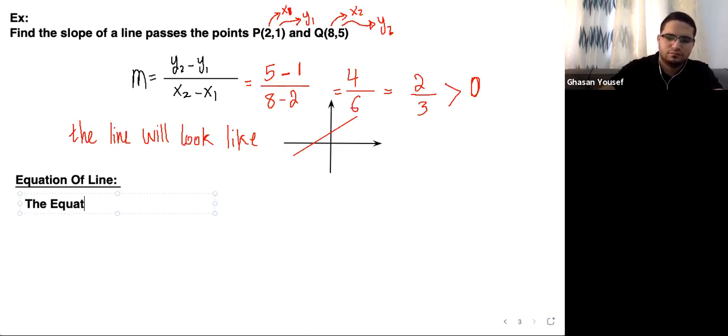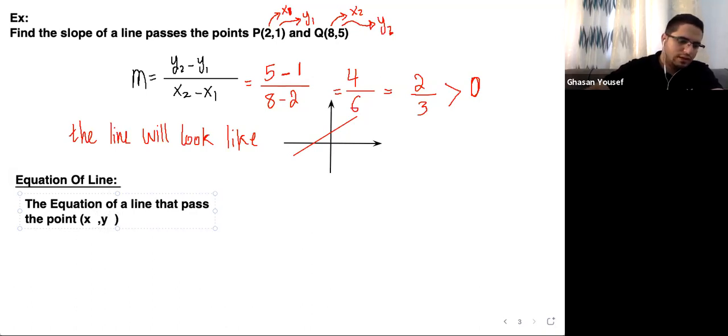The equation of a line that passes the point x1 comma y1, and has slope m, is defined as y minus y1 equals m times x minus x1.